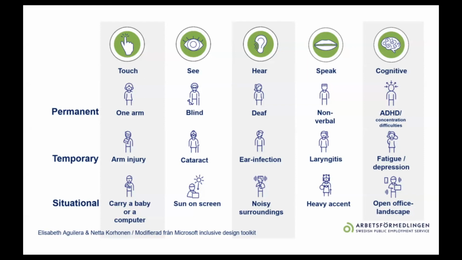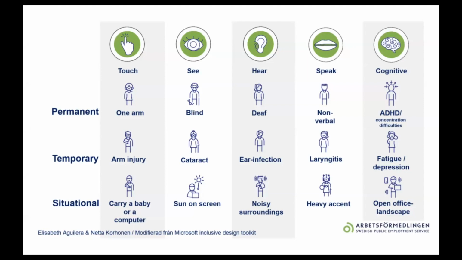You obviously have something going on, so you have an arm injury, a broken arm, or an ear infection, so you can't really hear quite as well. But it shows that every single one of us could be impaired in some way, whether it is situational or permanent disability. Now, I'm not saying that situational impairments are the same level of severity as a permanent one, but obviously just showing that this can impact any one of us at any time.